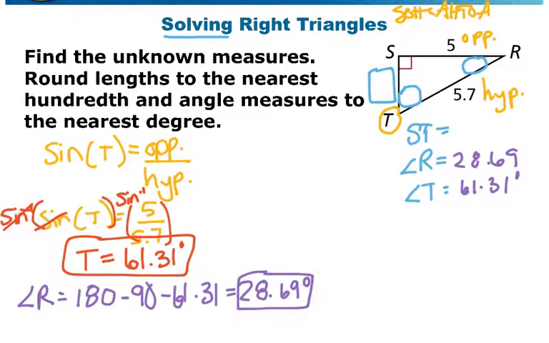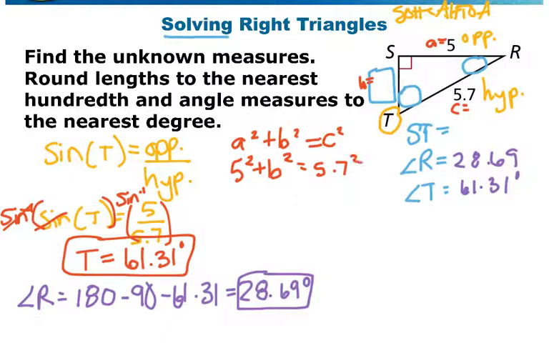Instead, I'll just use the Pythagorean theorem, because this is a right triangle, so I know that a squared plus b squared is going to equal c squared. Meaning, if this is my a value as a leg, and this is my b value as a leg, then this is my c value as the hypotenuse. And so I can plug in 5, don't know what b is, plus equals c squared, and c is 5.7.